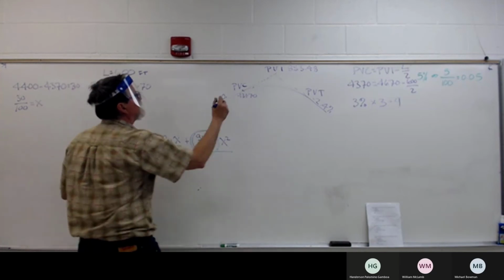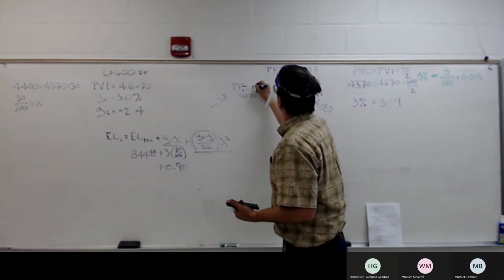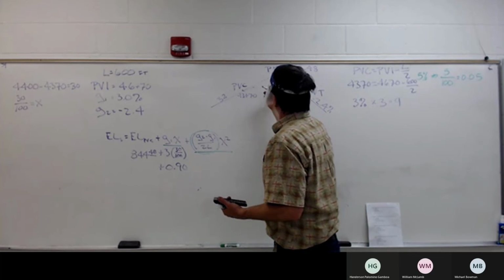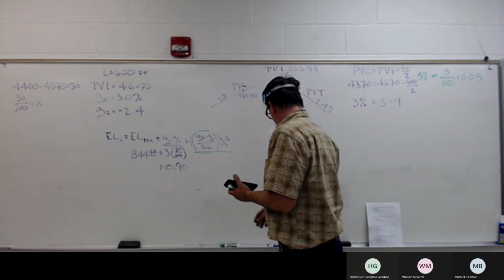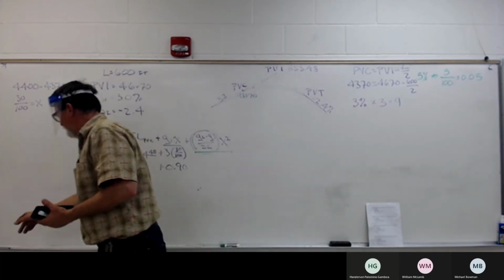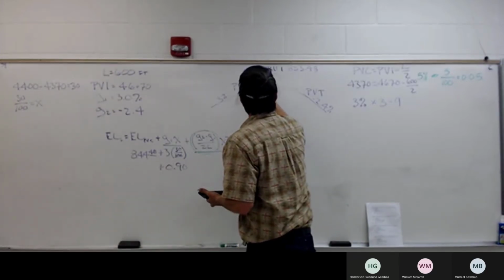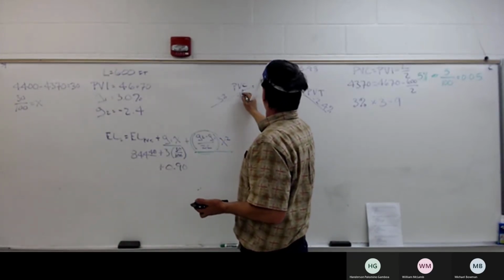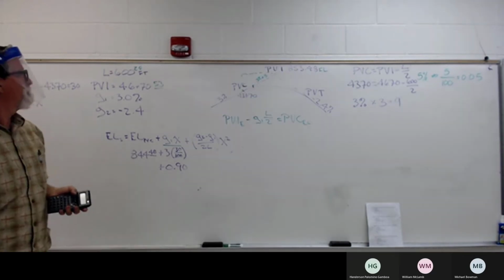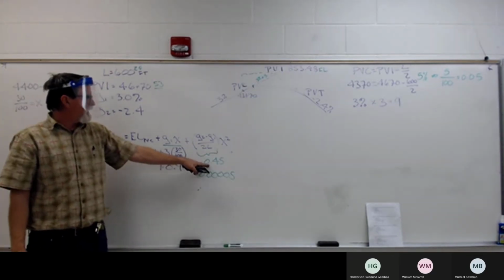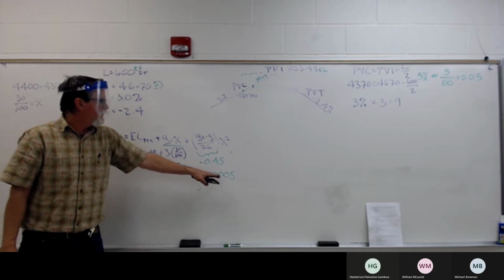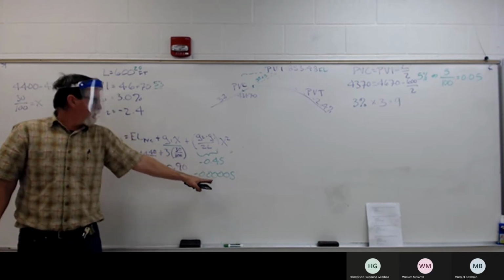0.9. Now this spot right up here on my vertical tangent is 9/10 of a foot higher than my PVC. If I use percentages and stations, I get minus 0.45. If I don't, then I get that.